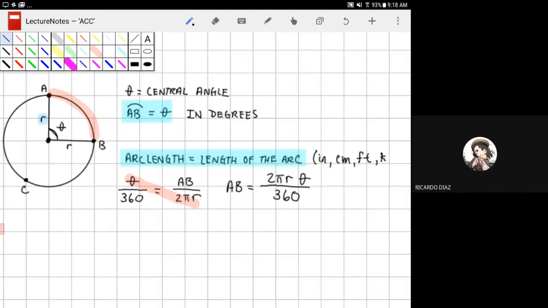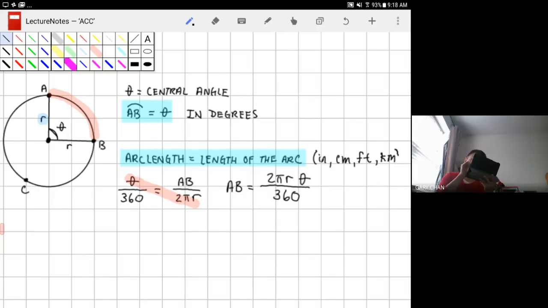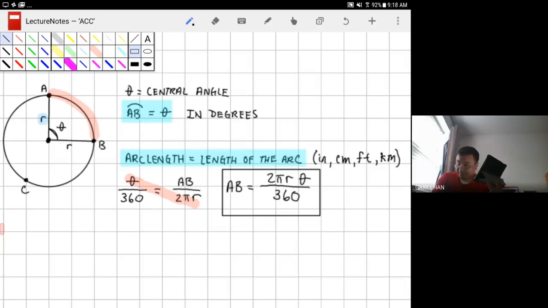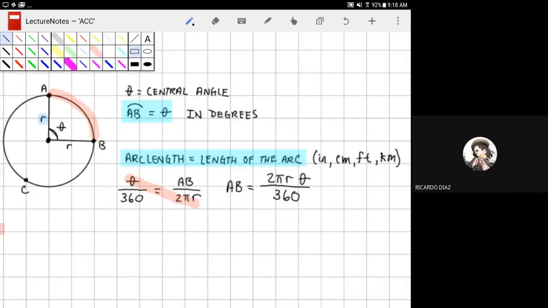These are all units of arc length. This is a measure of length. So anyway, back to my other question before, in this formula that we are creating: is there a common factor that we can possibly eliminate?